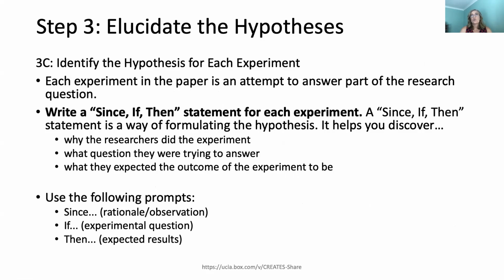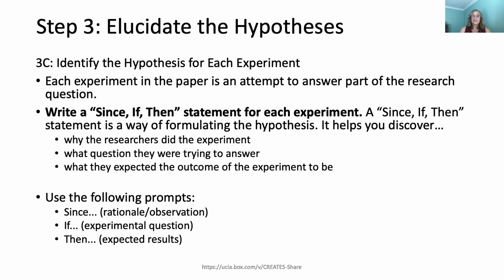When I ask students to elucidate their hypotheses, I have a pretty rigid structure I ask them to use: since, if, then statements. Of course, not all hypotheses can be forced into this structure, but I have the students try at least. I do this because I think it helps students put everything into context.